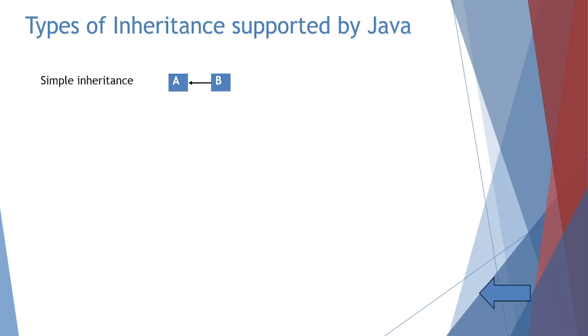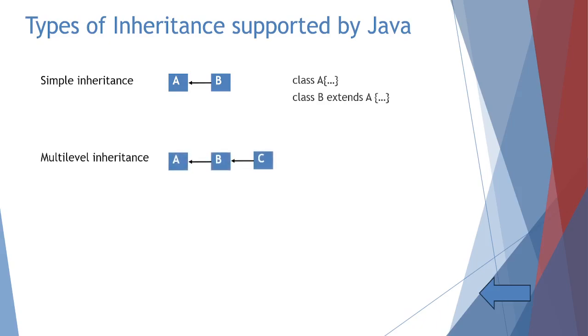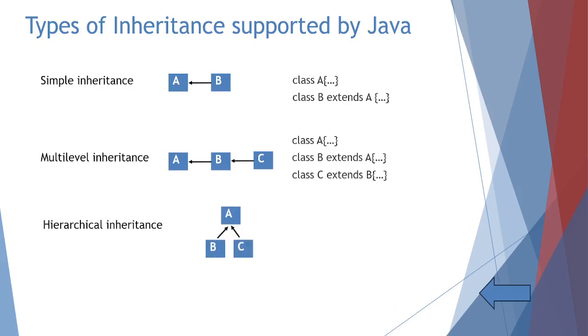Simple inheritance, class A, and class B extends A. Immediately there is inheritance. Multi-level, by looking at the picture only we understand. Class A, we write the definition. Then class B extends A, whereas class C extends B. So this should be the definition.